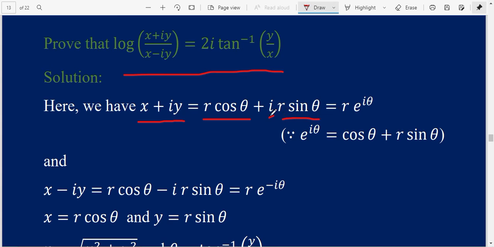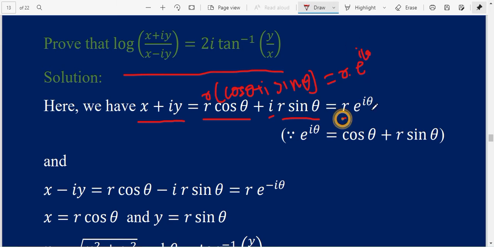Taking r common, we get cos theta plus iota sin theta. Cos theta plus iota sin theta is equal to e raised to i theta.